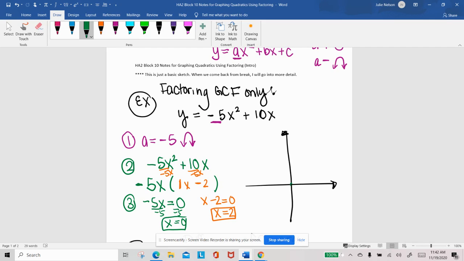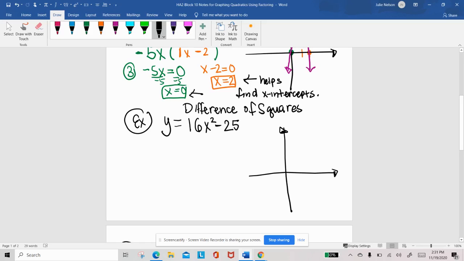That means if I go on the x-axis to 0 and on the x-axis to 2, I would find my x-intercepts. So when you set your factors equal to 0, that helps you find your x-intercepts. Now that I know what my x-intercepts are, and now that I know it's going upside down, I'm just going to connect those 2 points by making a parabola that goes up.